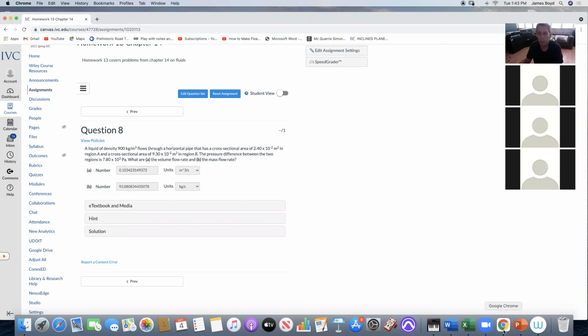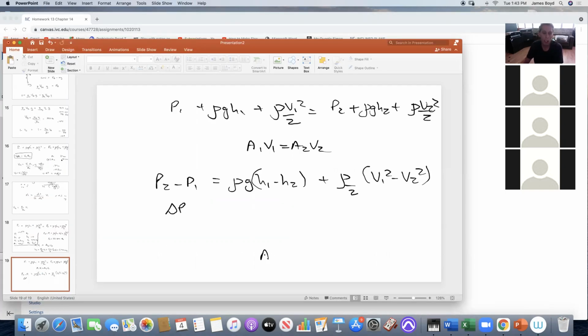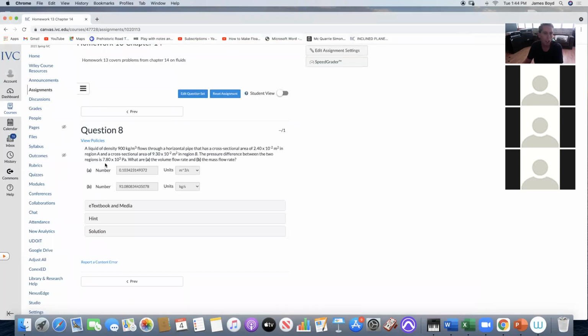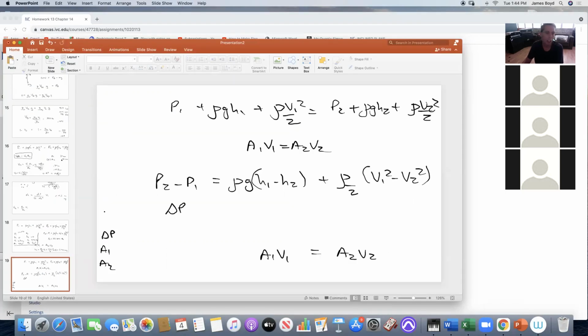So we want A1 V1 or A2 V2. They told us A1 and A2, they told us delta P, and they told us density. So we need to find V1 or V2.